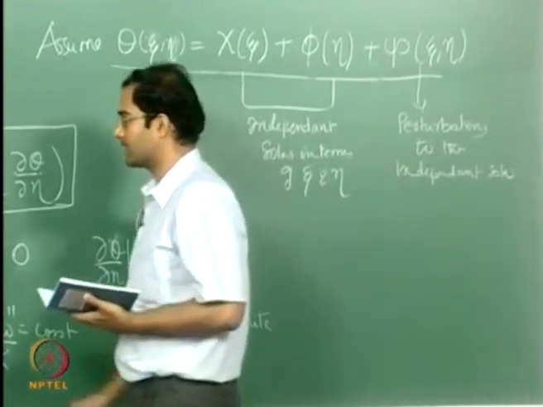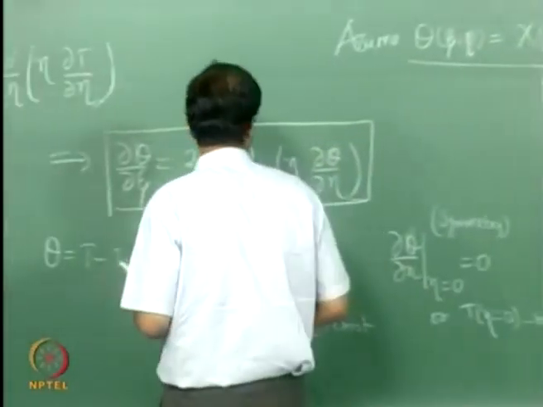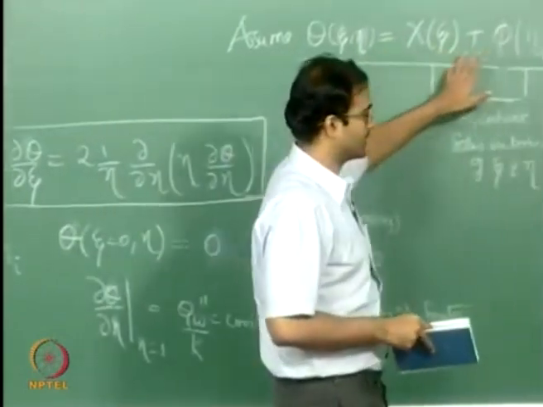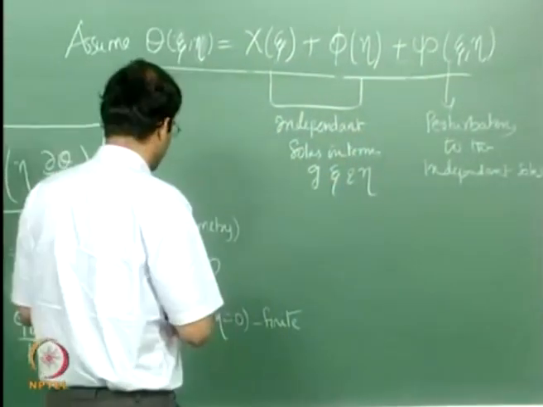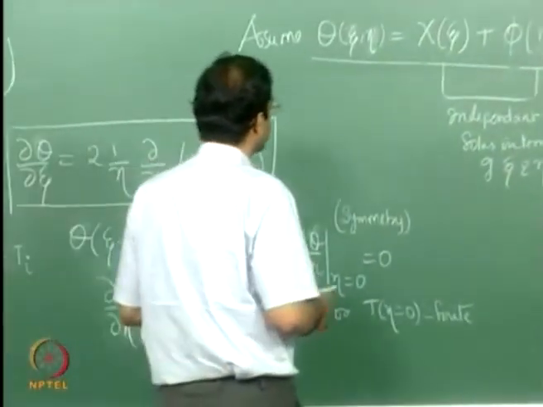Since the partial differential equation is linear and the solution is a linear superposition of all the solutions, this will still be a solution to the governing equation. So now you see the advantage.